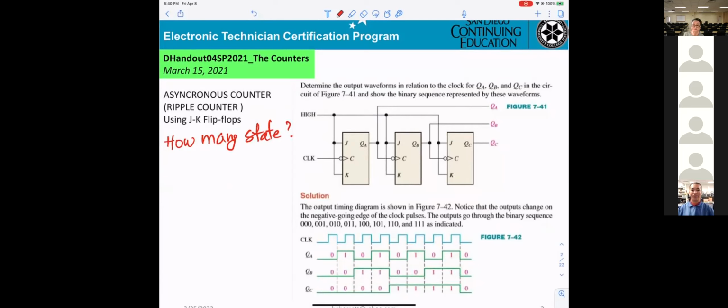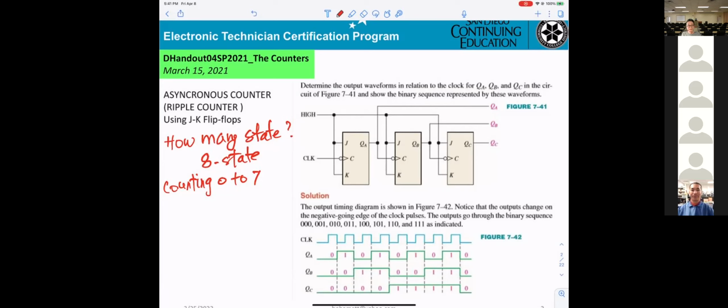It's 8. They're counting from 0 to what number? 0 to 7. Perfect. 8 states, and the maximum decimal is less than 1 of that, so you take 8 minus 1, you get 7.